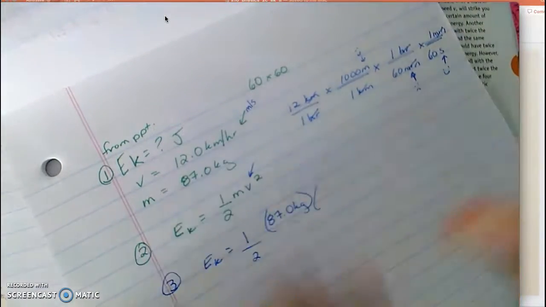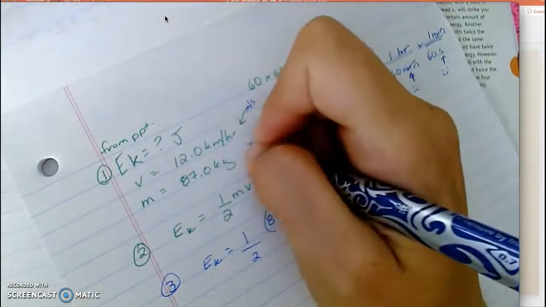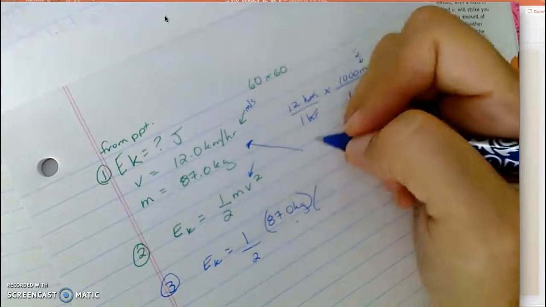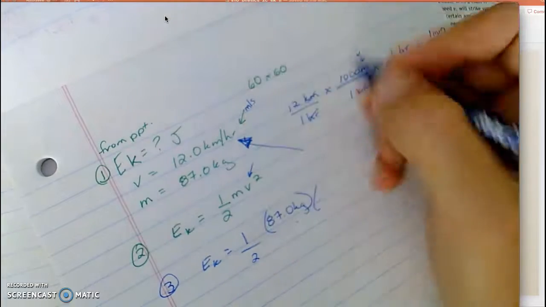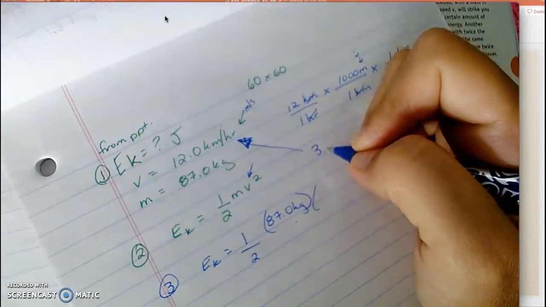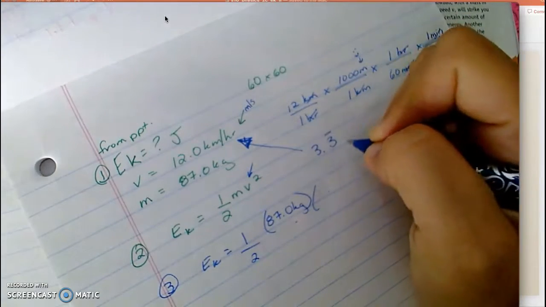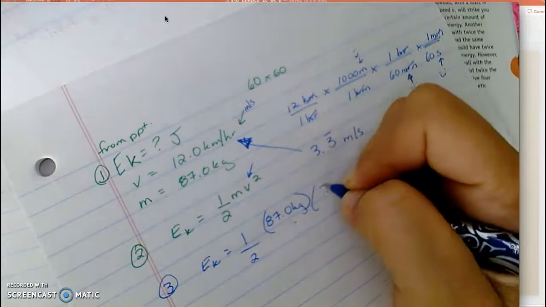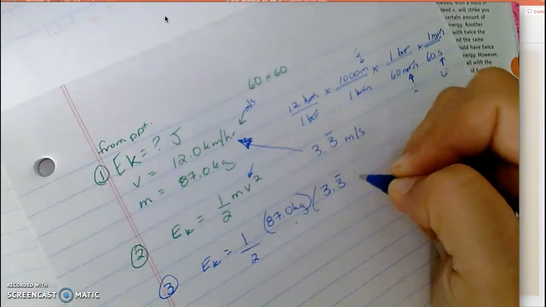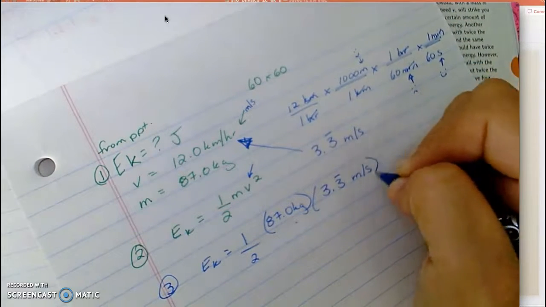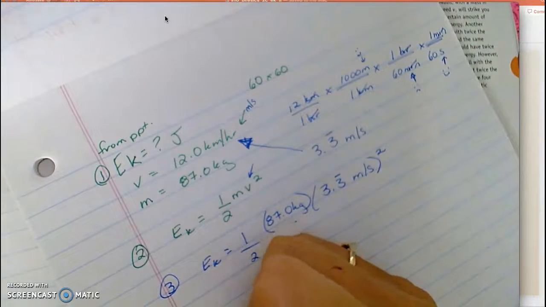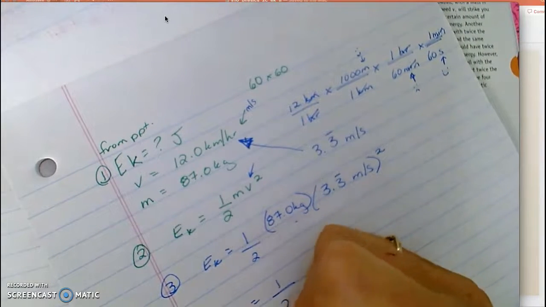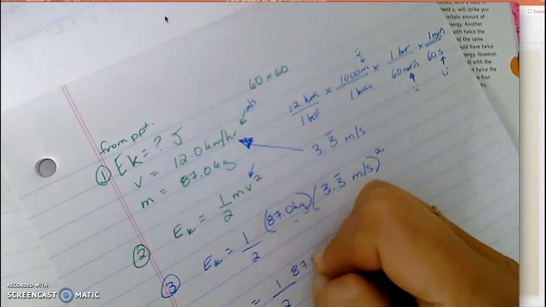We needed to put right here our new speed, in meters per second, which was 3.3 repeating meters per second. Remember, we leave that number in our calculator and we need to square it. If you want to write that in 2 separate steps, you can. That's what I'm going to do.